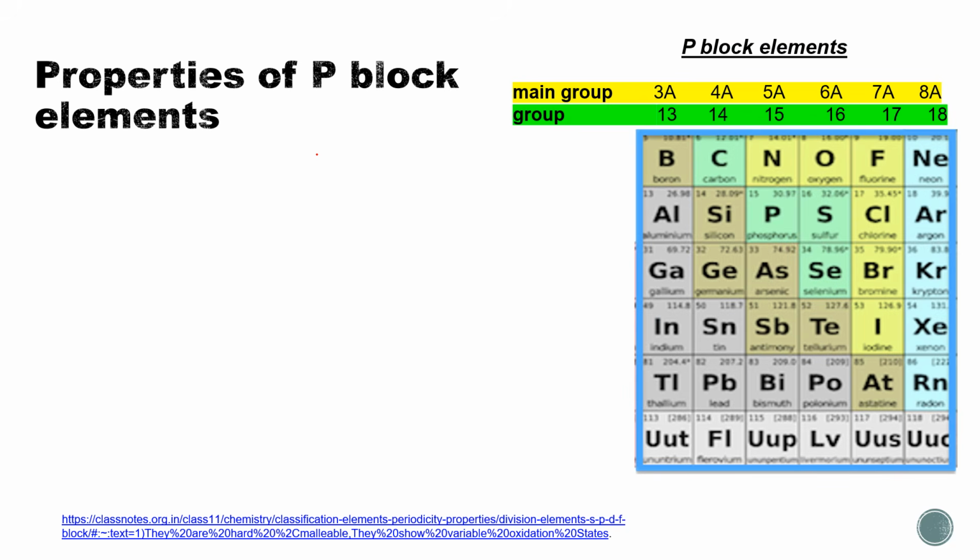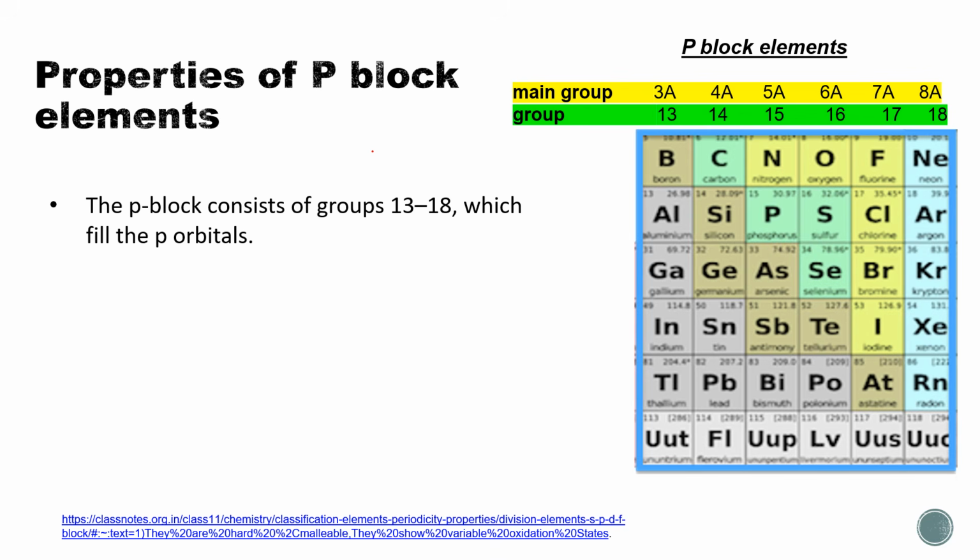Now, if we go to block P, you will notice that block P spans from groups 13 to 18 in the periodic table, and they end with the p orbital.